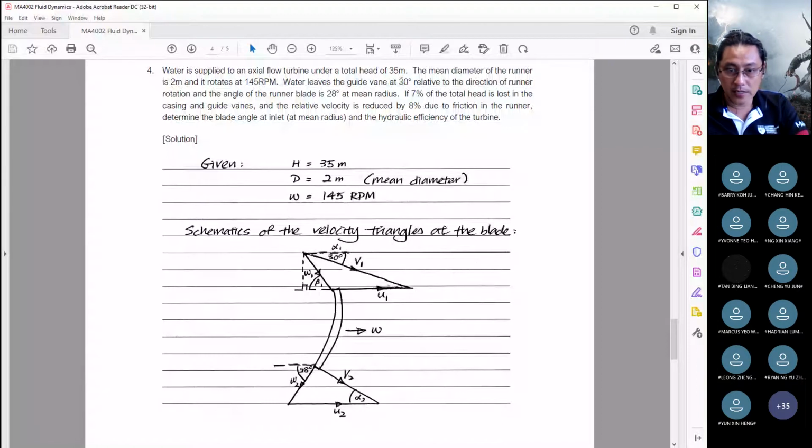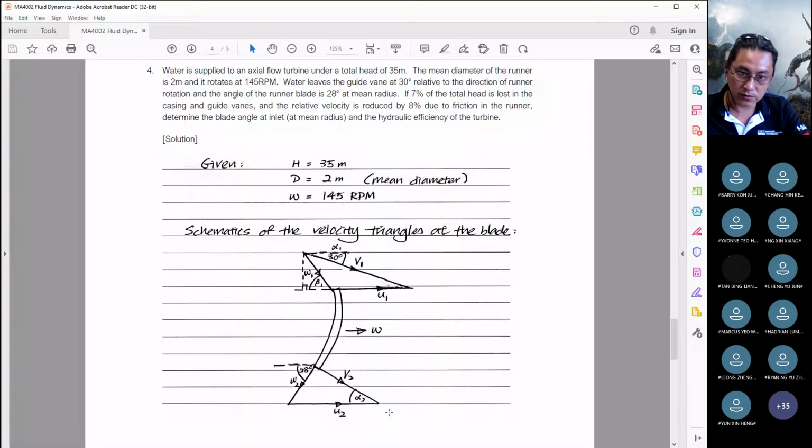Now, once you've constructed the velocity triangle at the inlet, let's consider the velocity triangle at the outlet. Thankfully, the velocity triangle at the outlet resembles more of what we encountered before, because the water leaving the blade is the same for pumps or turbines. It's only the inlet that is different. Over here, we have a much more normal velocity triangle.